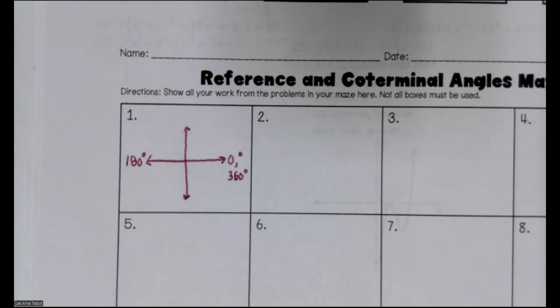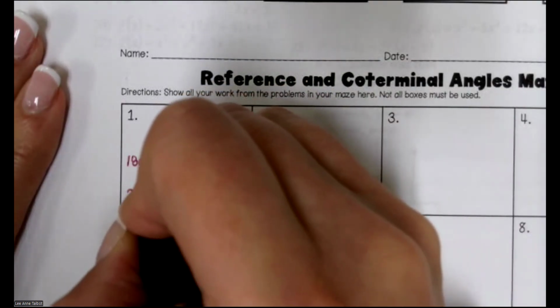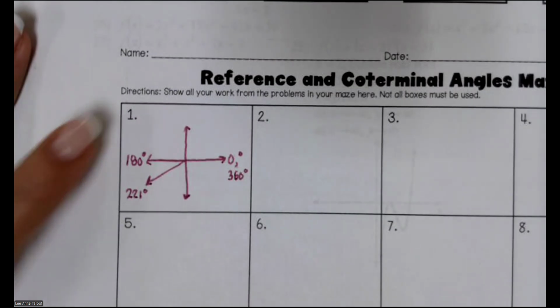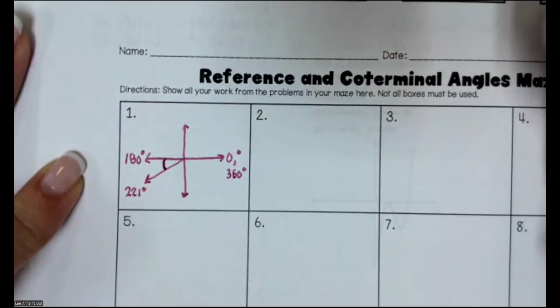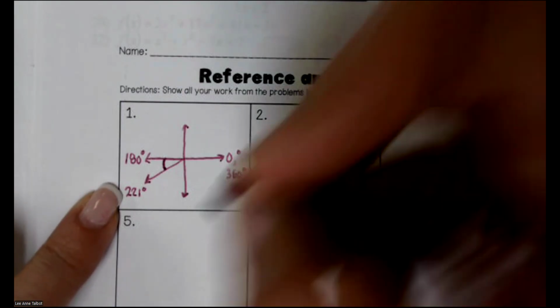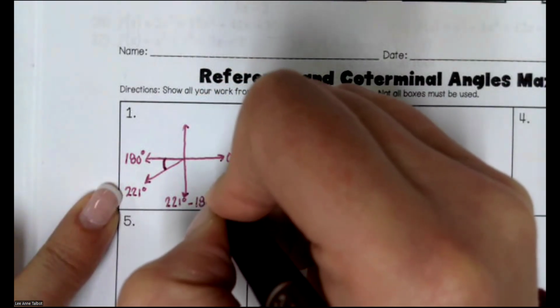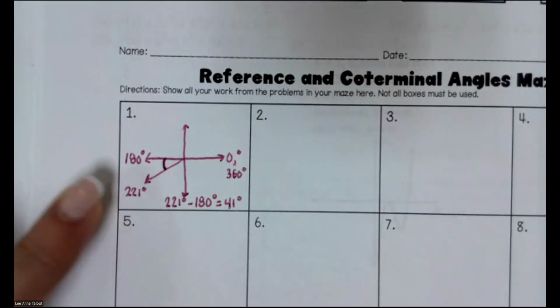This one's in degrees, so it's our familiar. Okay, so our angle of 221 is going to be like right here. And it's asking us to find the reference angle, which is the angle between that and the x-axis. So what do I do? 221 minus 180 is 41.